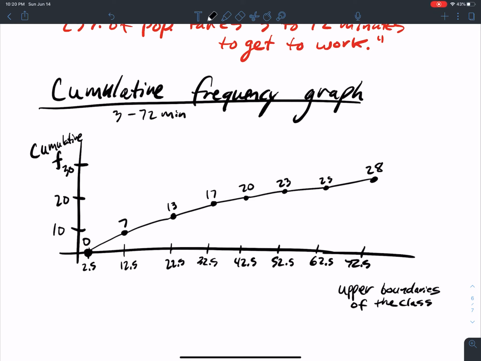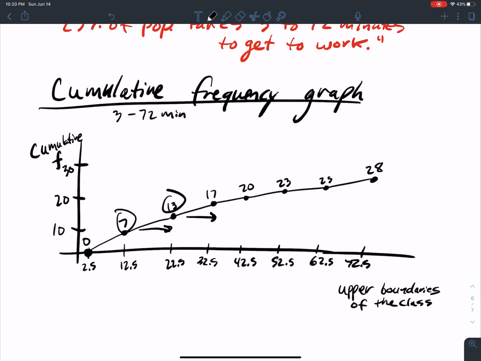Okay? And this is the cumulative. So the one thing to notice about this cumulative frequency graph is that we're always going up or over, right? We're never going down. We're never decreasing. This is a non-decreasing graph, meaning that we either have to be equal to the next number or greater.